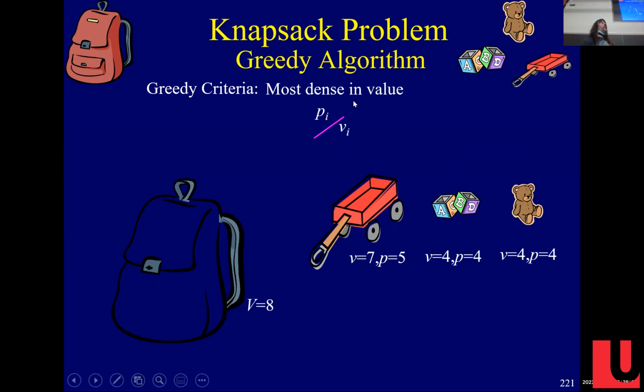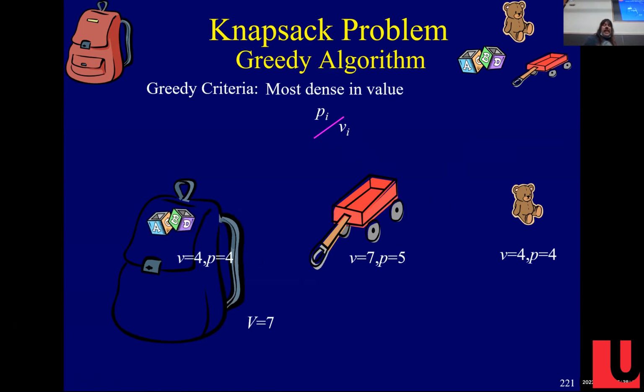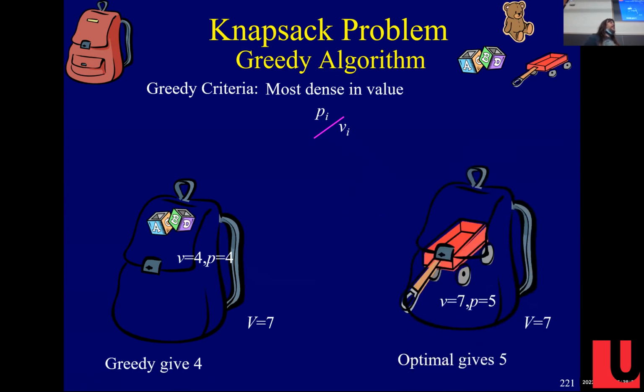This is what we did for the fractional one. We said we want to take the objects whose price per cubic volume is maximized, right? And here you take that, and that's great. But dude, you should have taken the wagon because it fills more of the knapsack, right? Everybody see that?